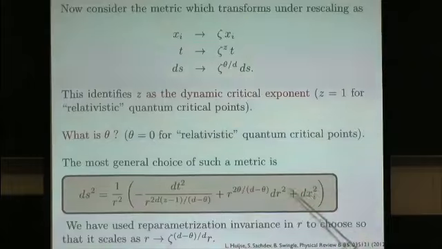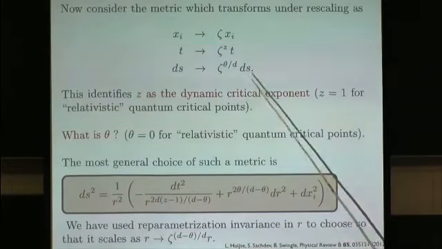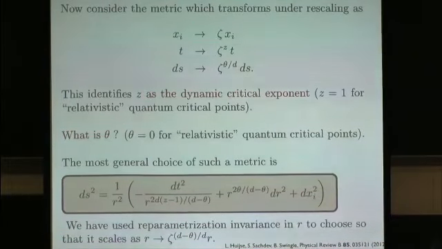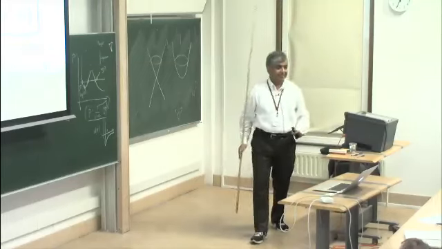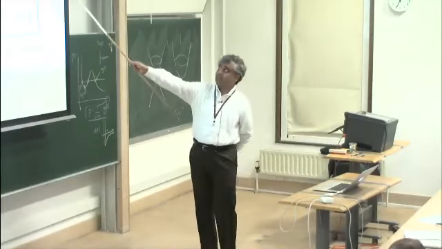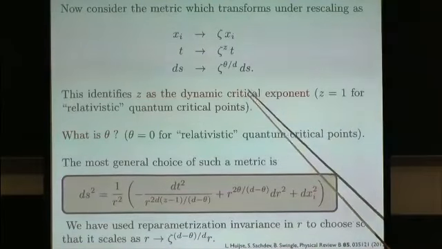Once you fix r that way, everything else is fixed by this requirement. And r itself has this particular transformation under the rescaling. Okay, this is a simple exercise in rescaling that I urge you to go through. Any questions? Everyone see where this came from? So I'm just imposing this very simple requirement, and you'll see why I need this theta.